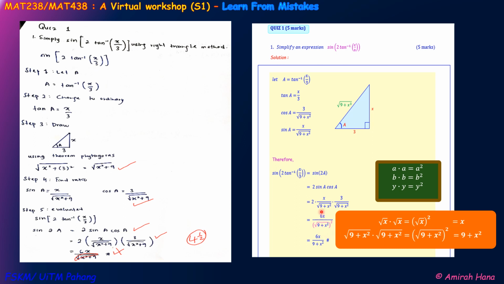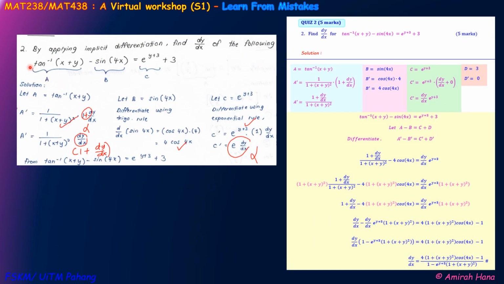So means that if we have sec 9 plus x squared times sec 9 plus x squared, it is equivalent to sec, okay, kita follow yang atas ni, sec and then 9 plus x squared and then bracket squared. Okay, after that we can simplify squared and sec, so equals to 9 plus x squared and no more sec symbol. Okay, that's why kita dapat jawapan ni.